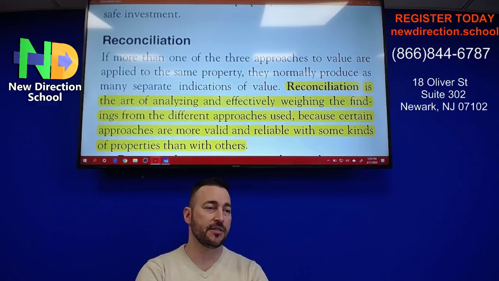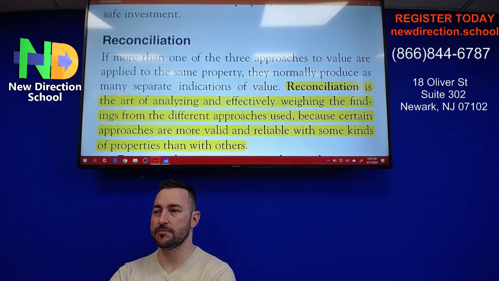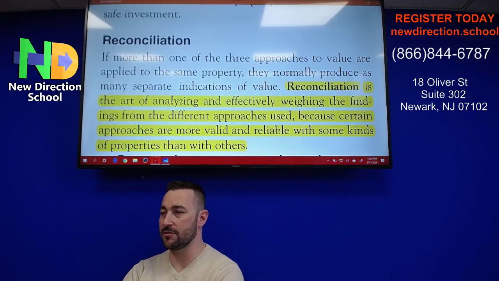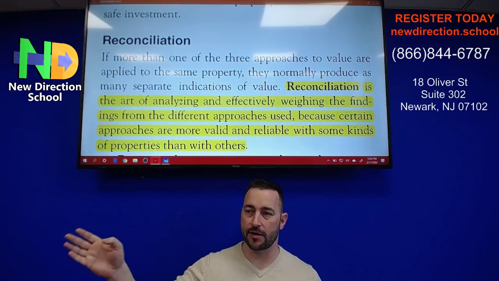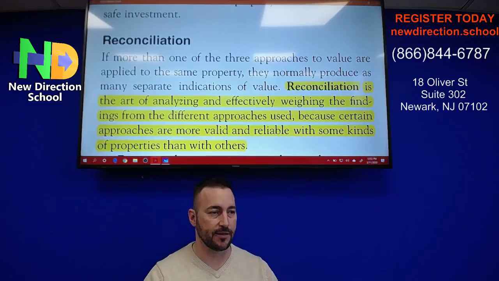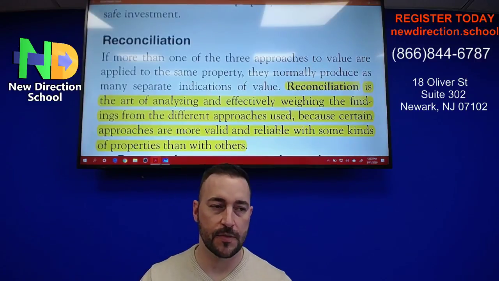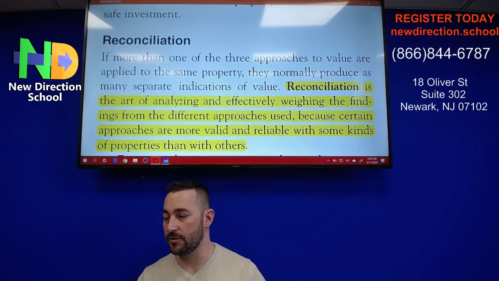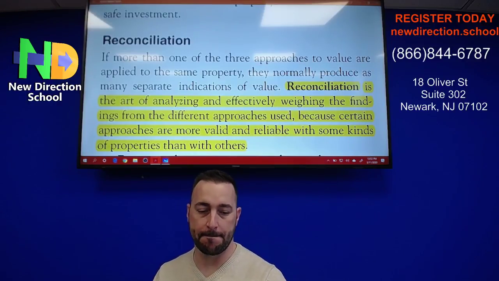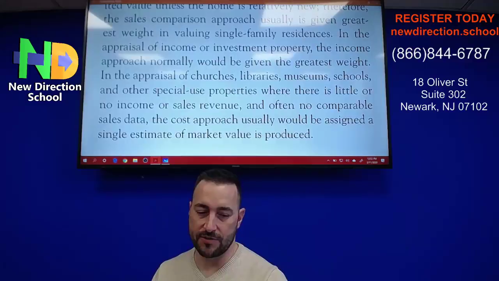Some are more accurate than others, but what we need to do now is reconcile them, put them all back together. We had individual records with individual approaches. Now we put them together, because that's what reconciliation is, and figure out what's most accurate and the most definite value. That's all you need to know about it.